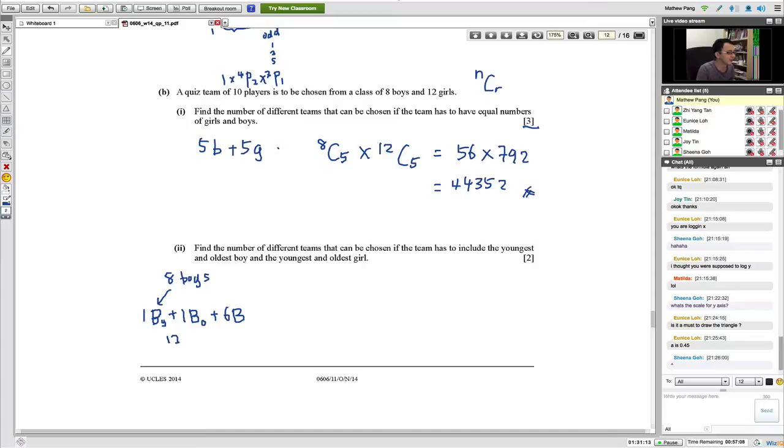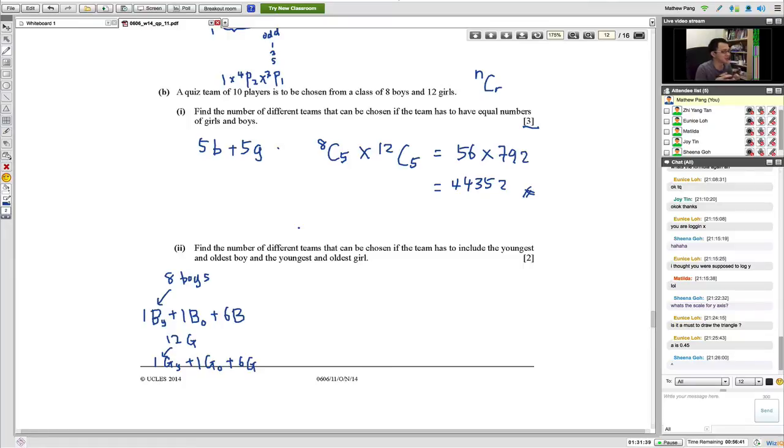So I have 12 girls, right? So I will do 1 girl, which is the youngest one, and then 1 girl, which is the oldest one, and then plus 10 girls, which are in the middle, not the youngest and not the oldest. You have to separate like this, because for this kind of case, just to make sure you yourself can understand this.